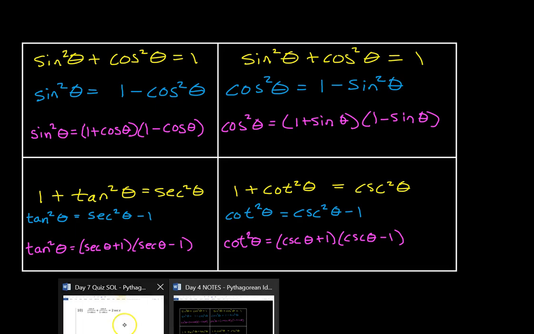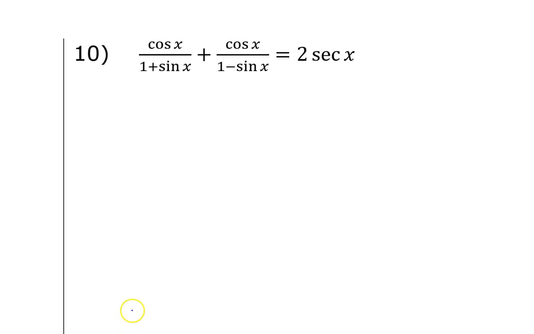Okay, so I need like denominators anyway, so my strategy is going to be, let's go ahead and multiply this side by 1 minus sine x. Alright, of course I'd have to do that in the numerator as well.